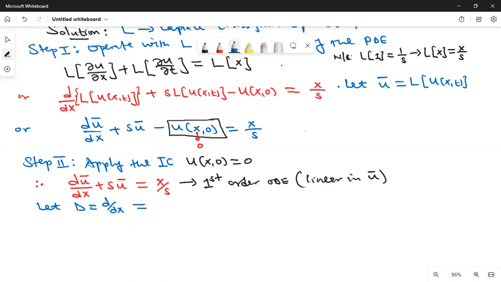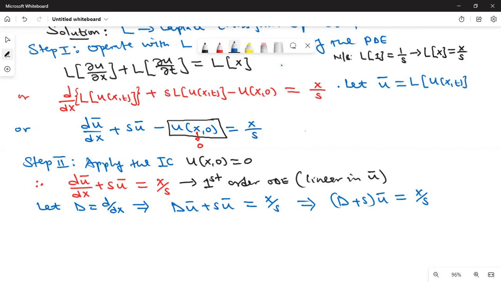So this implies that our ODE will now become D plus s, acting on u bar, is equal to x over s.